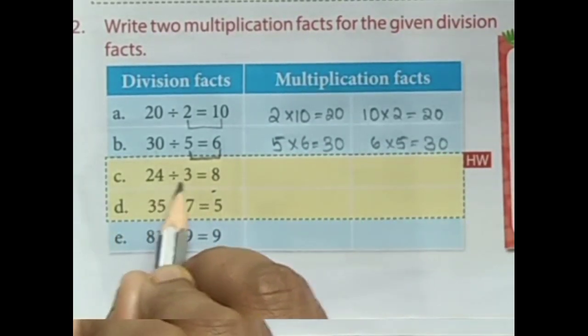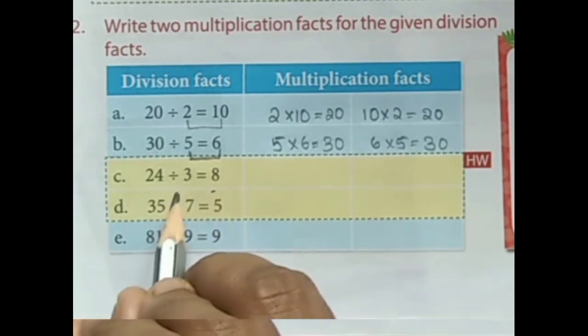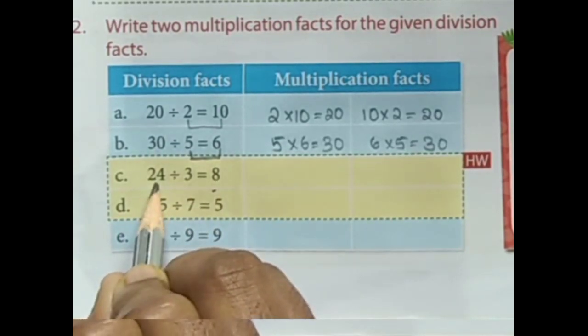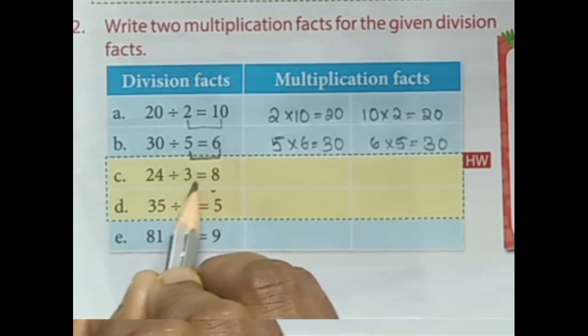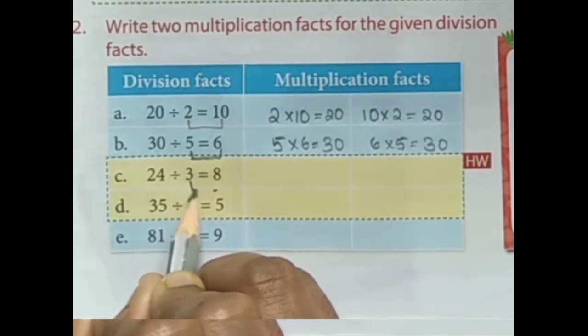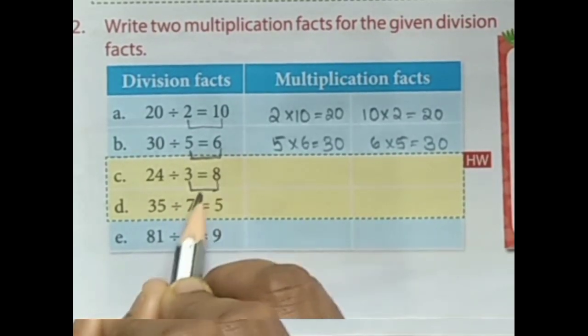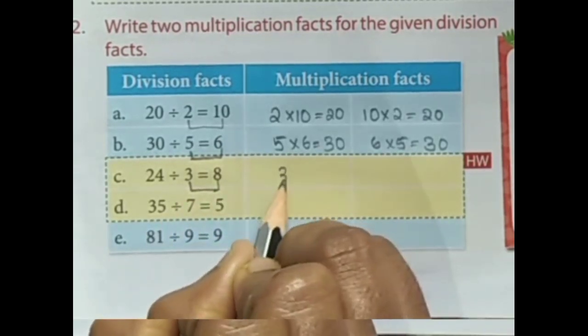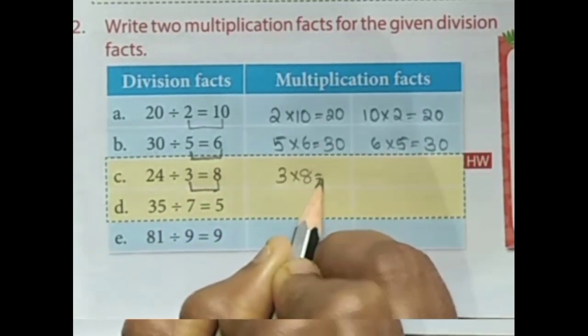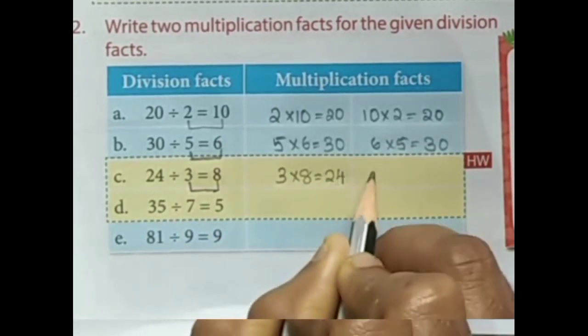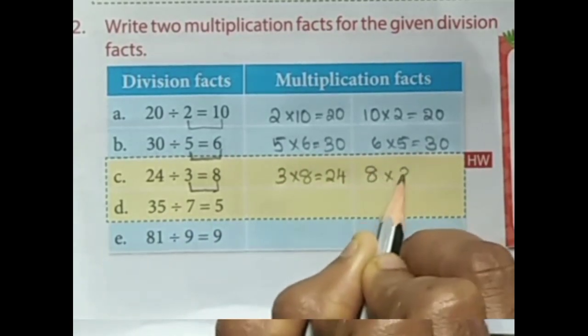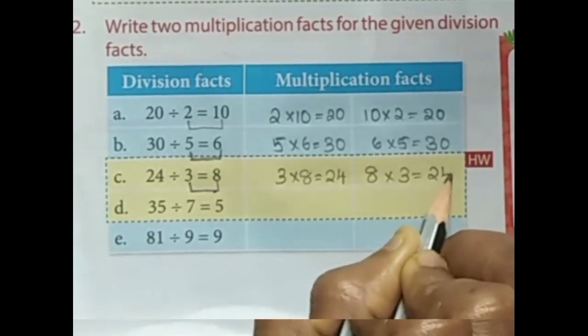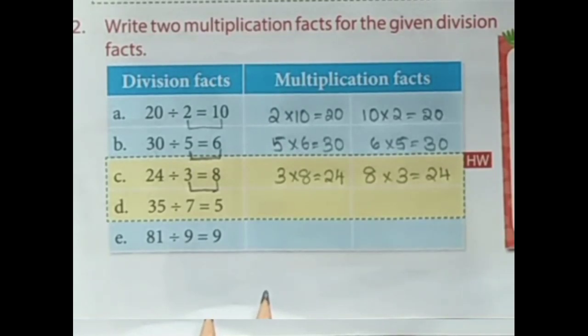Next question is 24 divided by 3 equal to 8. Here, to get the number 24, we have to multiply the number 3 with 8 or the number 8 with 3. So 3 into 8 equal to 24 is the first multiplication fact, and 8 into 3 equal to 24 is the next multiplication fact.